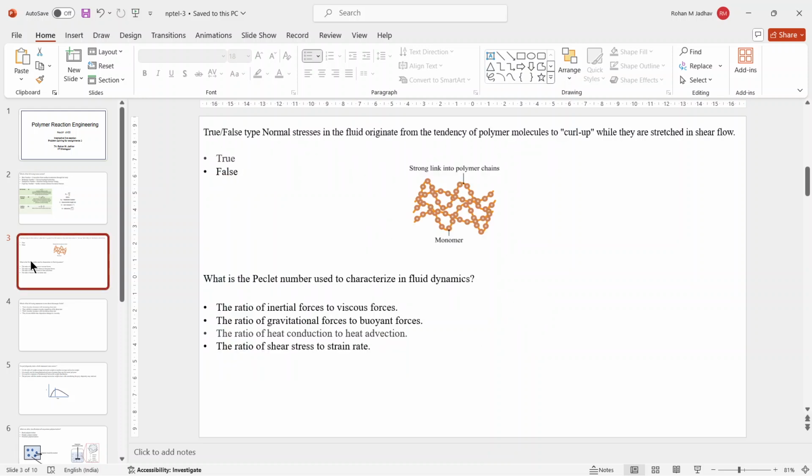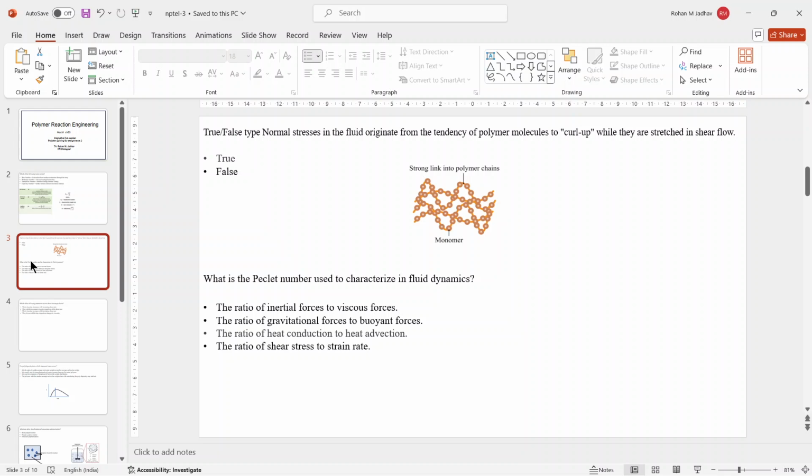Next, we have the true-false question, where it has been asked: normal stresses in the fluid originate from the tendency of the polymer molecules to curl up while they are stretched in shear flow. Now, we have a polymer molecule diagram right here, and you can see how the monomers are present and how the polymer chains are coiled up. The tendency of the polymer chains is to stay coiled up as they are.